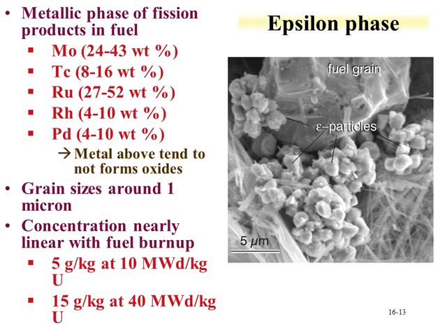What we see is that the grain size of these epsilon phases is generally around 1 micron, and their concentrations are nearly linear with burnup. So there's 5 grams per kilogram of uranium at a 10 megawatt days per kilogram uranium burnup, while it goes up to 15 grams per kilogram at 40 megawatt days per kilogram uranium.